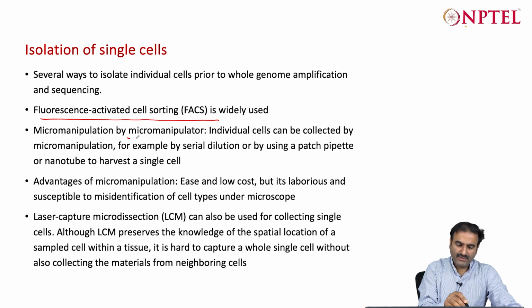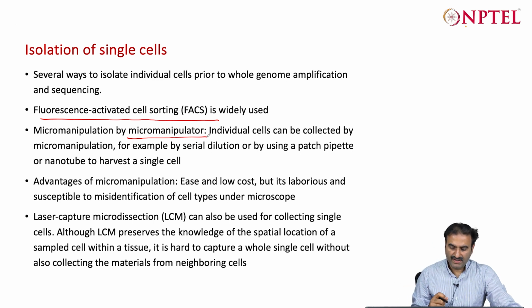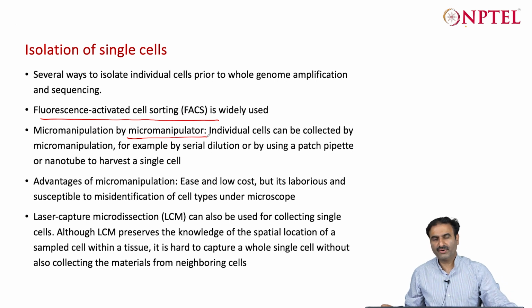Another is the micromanipulator, which is a device attached to a microscope in which you can pick single cells by looking under the microscope, without actually killing the cell, right? And micromanipulators are good options because that gives you something that you can do in your own lab and is easy to use also, and people have also successfully used micromanipulators for single cell genomics, right?